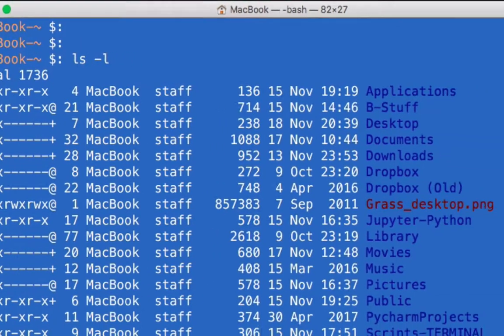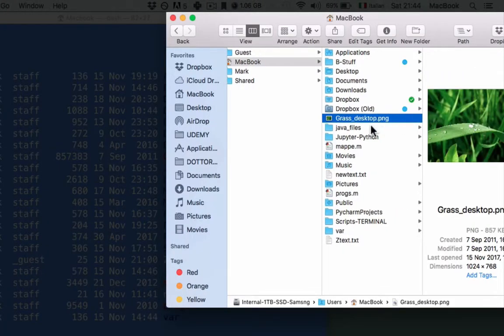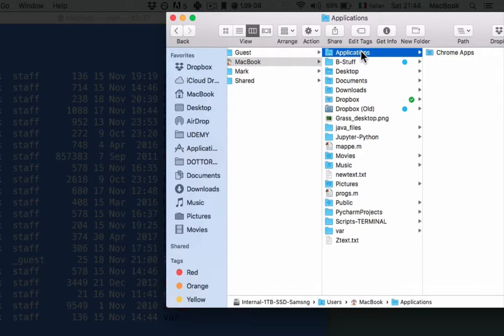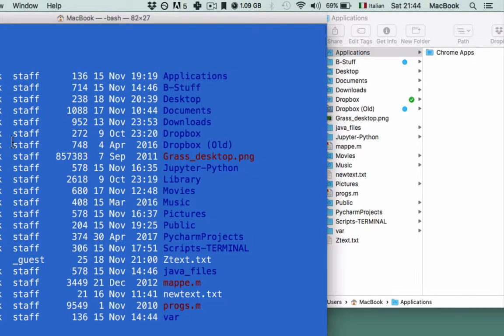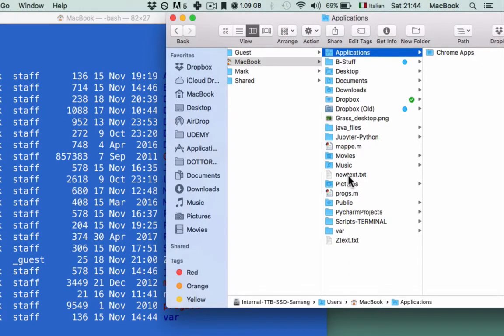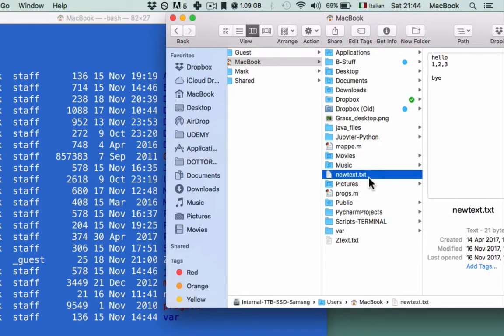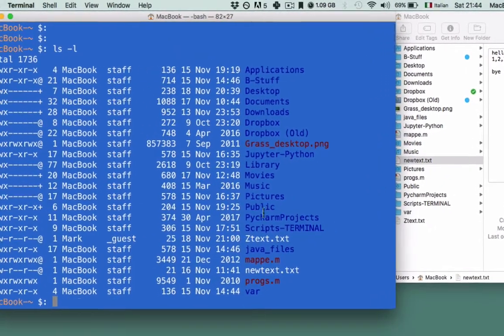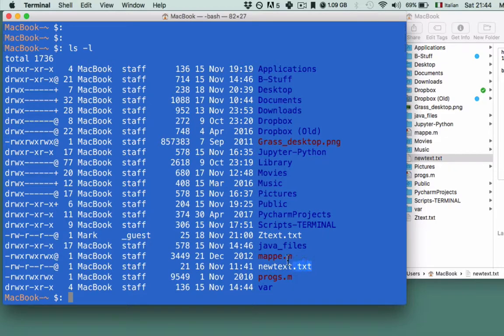And in fact, if you look at this grass desktop, it is an image file, while application of course is a folder. Okay, so for example here I see that new text.txt is a file. Let's check this. Where is it? Here it is. New text.txt is in fact telling us the first character is this minus, so it means that it is a file.